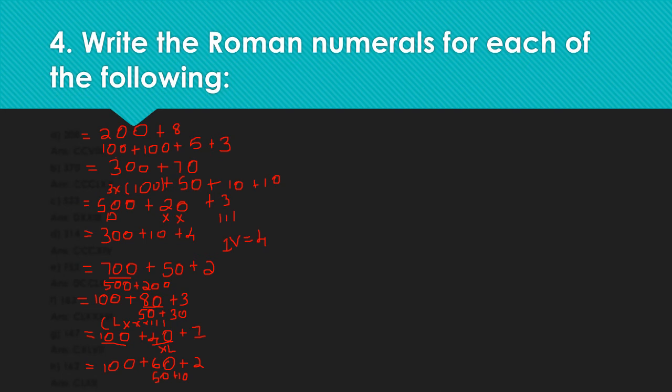Next, fourth problem. Write the Roman numerals for each of the following. So here Hindu-Arabic numerals are given, so you have to write them as Roman numerals. So 208. 208 you can split as 200 plus 8. So 200 can be split as 100 plus 100.